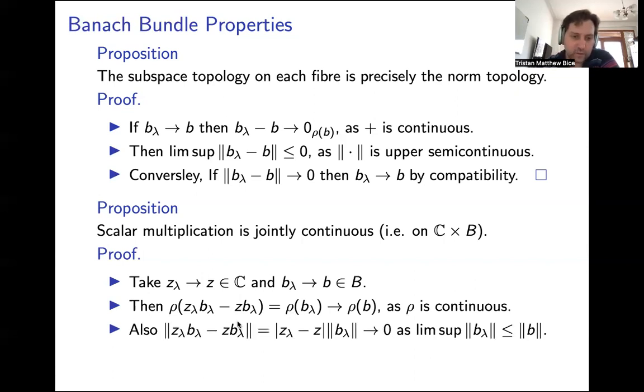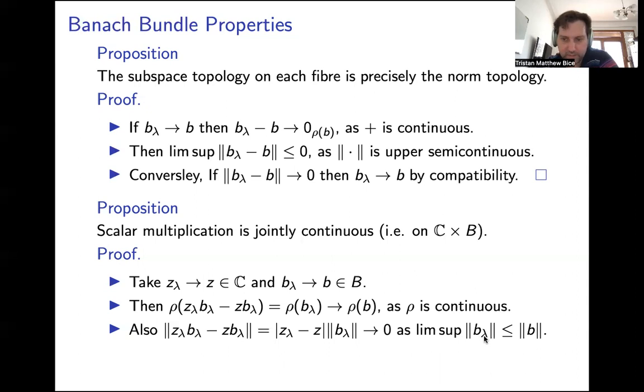Next, note that if you look at the norms of these expressions, it's a Banach space, so you can take the scalars outside, and we know that this then has to approach 0. There is something you have to observe first, and that is that the norms of these B lambdas have to be bounded. Again, this is this upper semi-continuity condition.